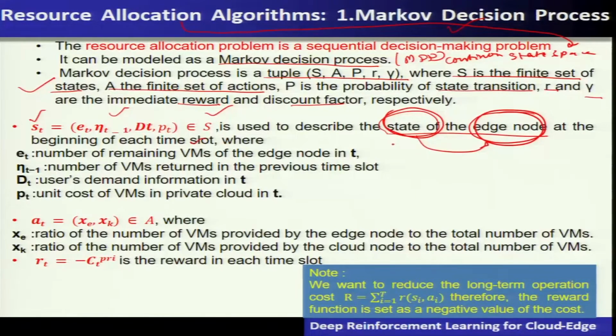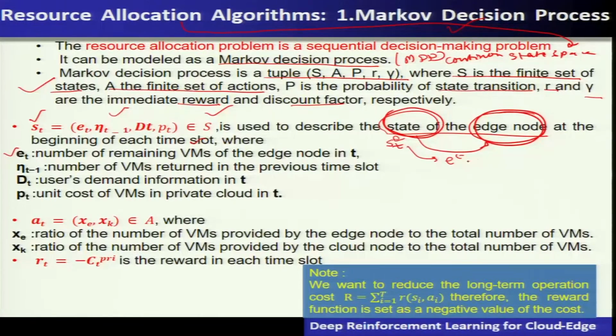So states, when we say state S of t, it's the state of an edge node we are talking about. And let us see how we are going to model it. The state of an edge node we have already explained: it is nothing but the number of remaining virtual machines.